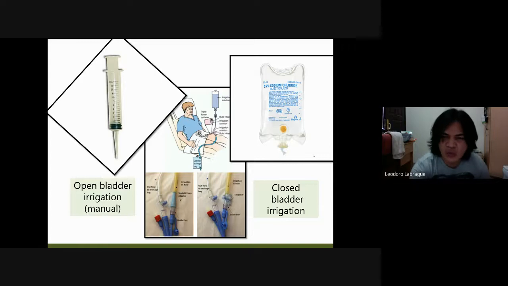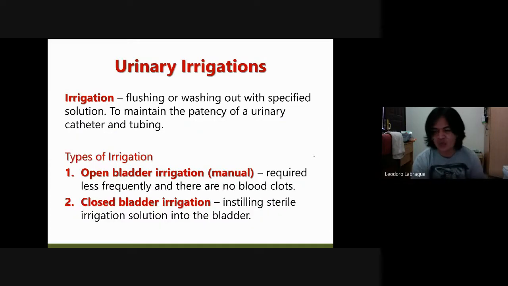Why do we do urinary irrigation? Why do we need to flush or wash the bladder of the patient? This is common if the patient had surgery of the bladder or the kidneys. Remember, if the patient had surgery, the bladder might bleed. The bladder might hemorrhage. There might be bleeding.